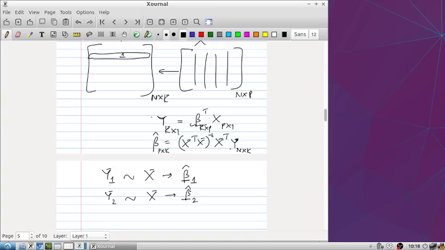That's the same beta as this. So you can either do a gigantic regression with k output variables and p input variables, or you can do k such regressions where the output variable is one-dimensional and the input variables are p-dimensional, and stack these betas as columns. You'll get the same beta.